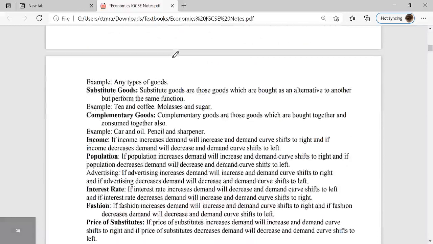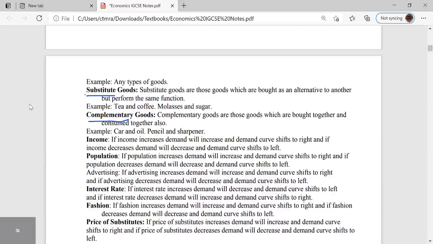Then the price of other goods, like substitutes or complements, is also an important factor. Think about tea and coffee. These are substitutes because they're alternatives to each other. So if the price of tea rises, then people may switch to coffee, so demand for coffee may rise.